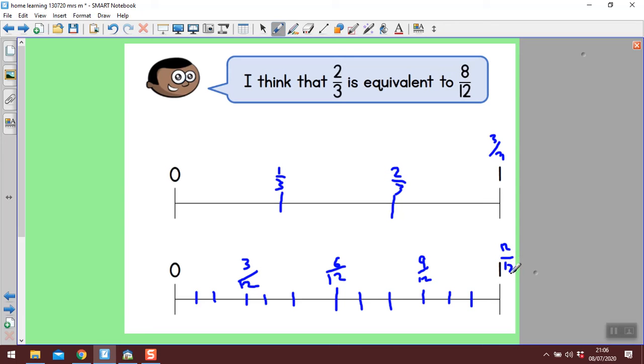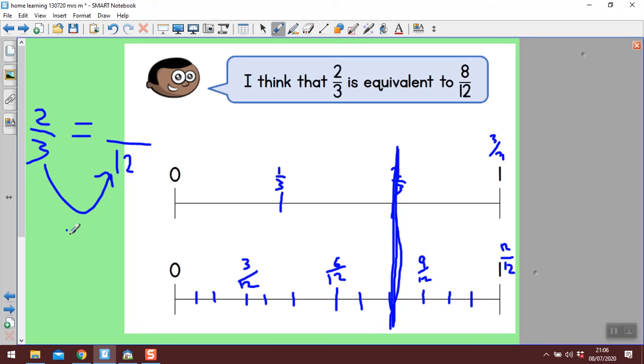So is 2/3 equivalent to 8 twelfths? Let's follow the line down. It looks like it is from my drawing. Let's do some more multiplying and check. What do we multiply the 3 by to get 12? We multiply it by 4.